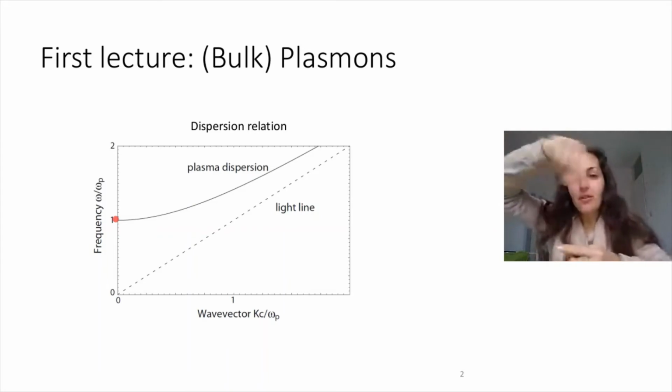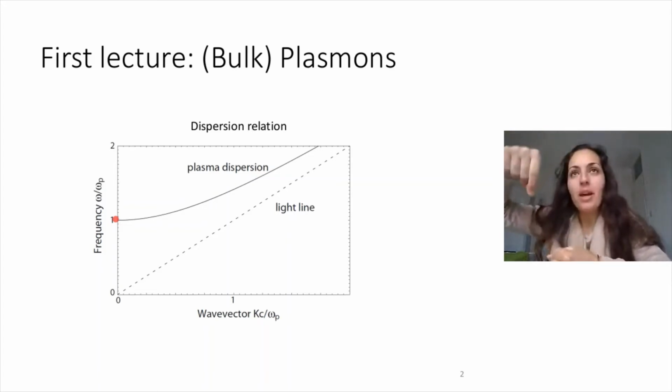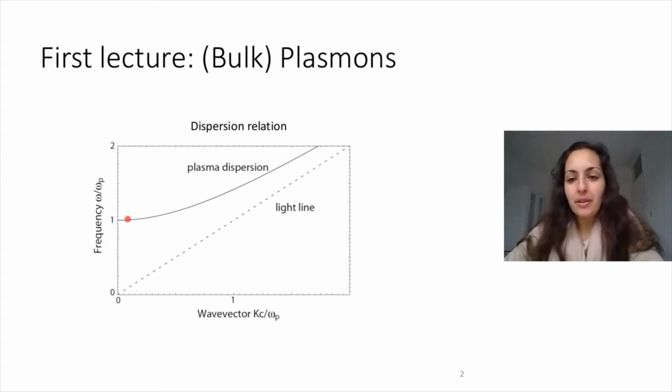And if you excite even faster, at one point, the pendulum won't be able to follow anymore. And that is the point we reach at even higher frequencies. We're going to a situation where our free electron gas can no longer follow, and therefore there is almost no interaction of the light with the medium anymore, and it can propagate through the medium.